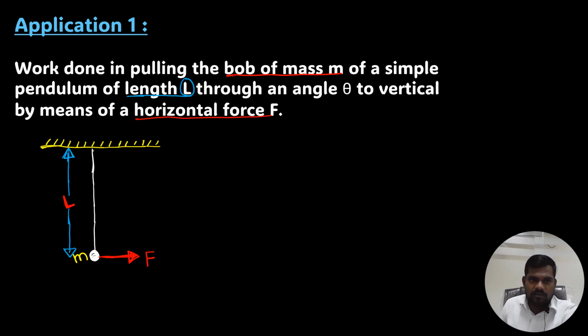See here everyone, once you apply the horizontal force, the bob will reach a particular height like this. If you observe, in this simple pendulum the string makes an angle theta with the vertical. That is what is given in this application: an angle theta to the vertical.